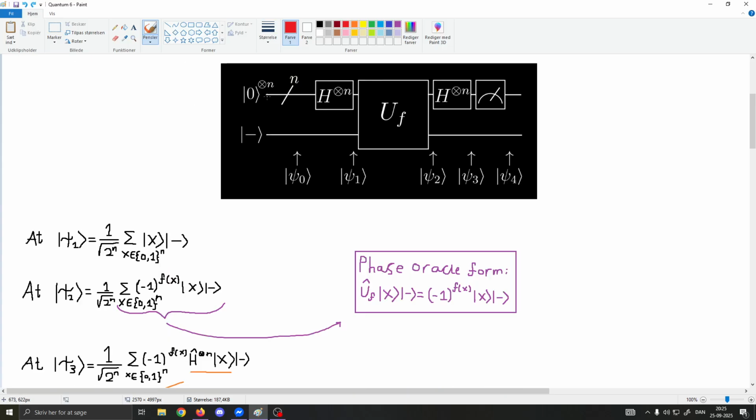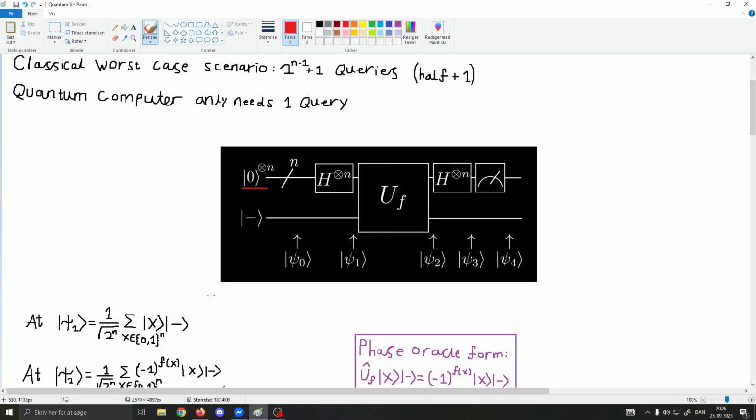So, we have a starting register of lots of qubits in the zero state. Now this icon right here just means that we have n qubits in the state 0 tensored together. And then at the very end, they're also tensored to a minus state right here. That's the same meaning as this slash right here.